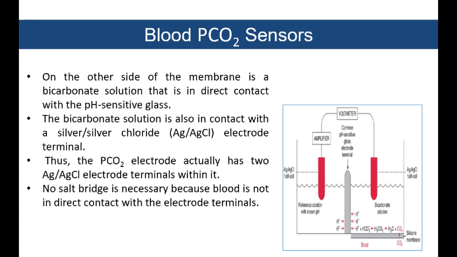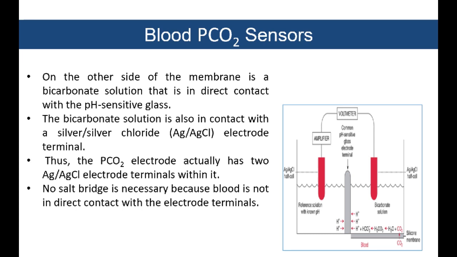If you see the diagram of this sensor for blood PCO2 measurement, it is the same as we have seen in the blood pH sensor. The only difference is the addition of the silicone membrane, which can be seen at the bottom part of the right side of the tube, and the remaining things are the same.